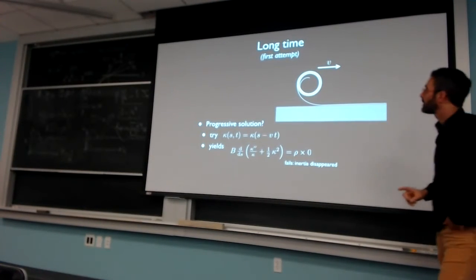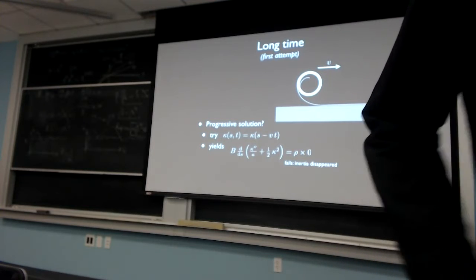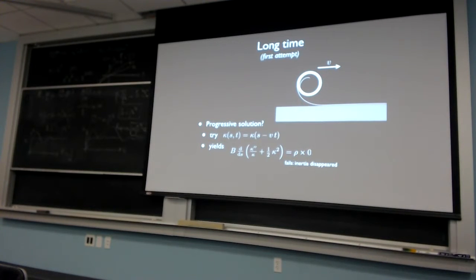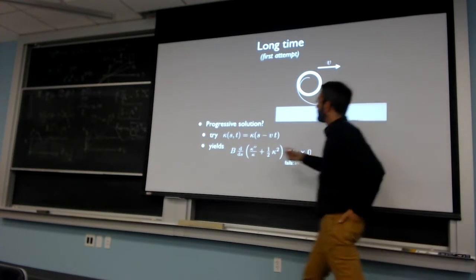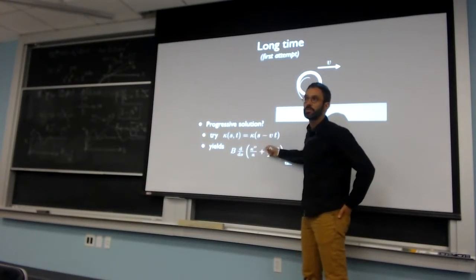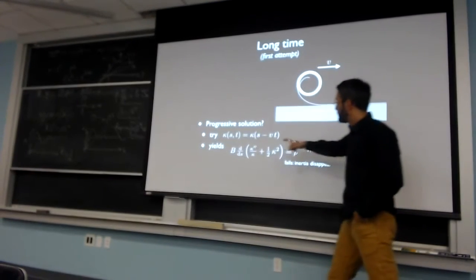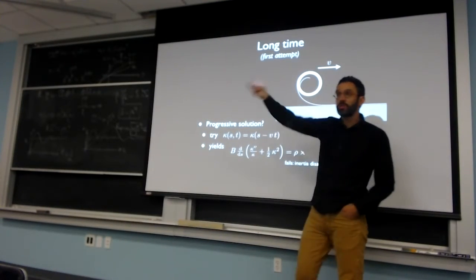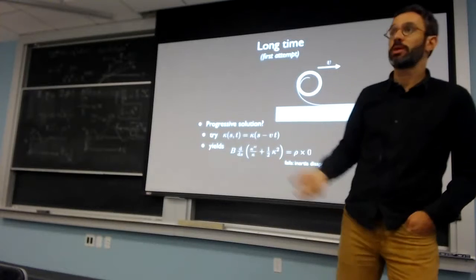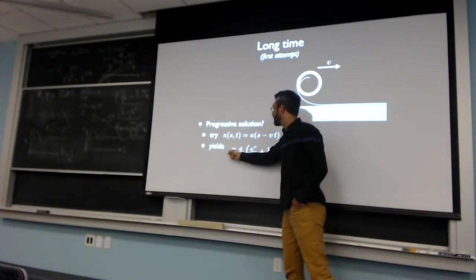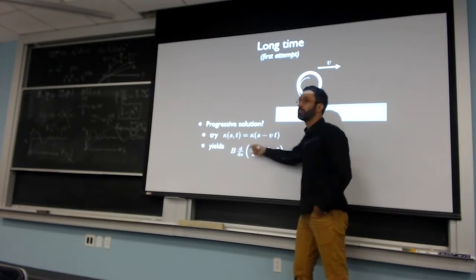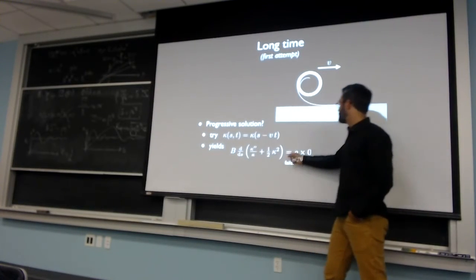But for long times, it's more tricky. And so, as I said, the first thing you would try is to find some front-like solution, some progressive solution. So you can just use this trial form, insert it into the equation I was showing before, and see what you get. So what you get looks like that. That's the bending modulus, that's some complicated function of curvature, and you find 0 on the right-hand side.